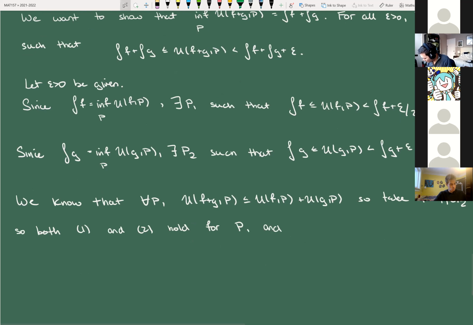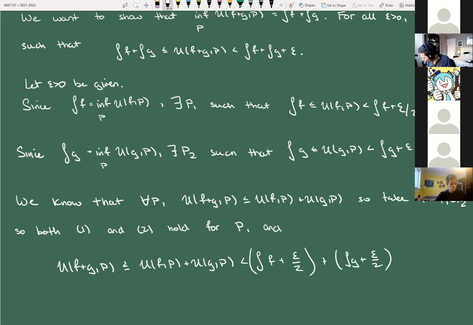We get that U(f+g,P) is less than or equal to U(f,P) plus U(g,P). And now if I use 1 and 2, that's going to be less than the integral of f plus epsilon over 2 plus the integral of g plus epsilon over 2, which is the integral of f plus the integral of g plus epsilon. And that's exactly what we want for one side. So what did we just show? We just showed that thing right there, right? So that's the hard one.